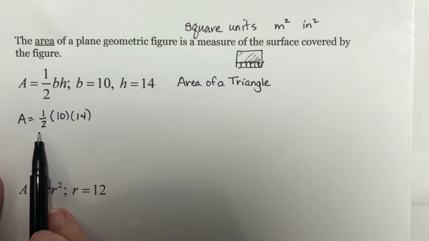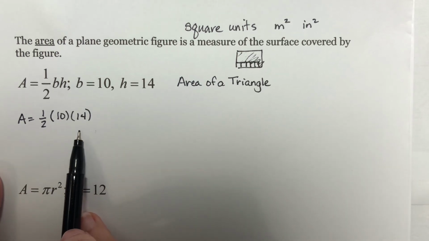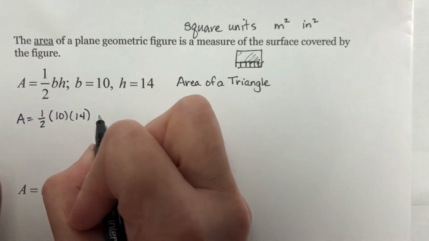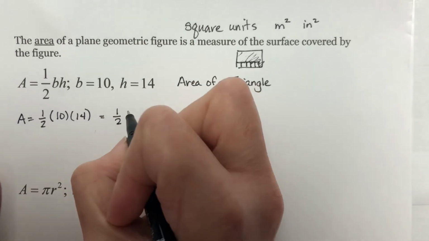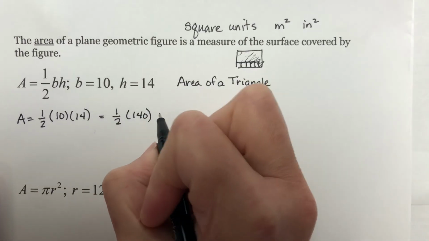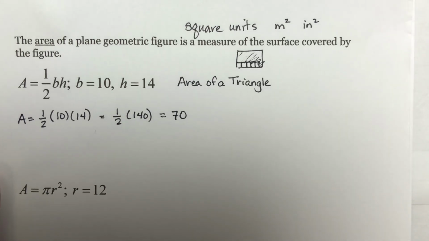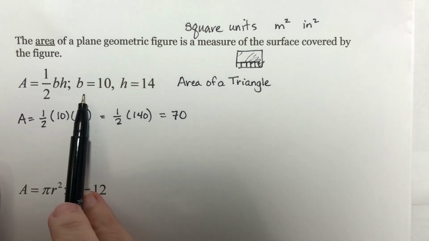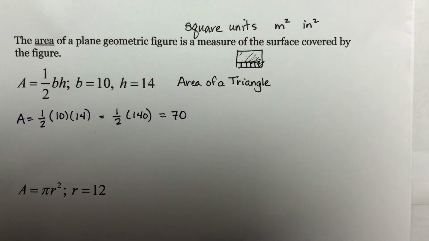So 1/2 of 10 times 14 is the same thing as saying we're multiplying them all together. Let's go ahead and multiply 10 and 14 because that's easy. 1/2 times 10 times 14 will be 1/2 of 140. What is 1/2 of 140? 70. So this triangle has an area of 70 square whatever units we were measuring in.